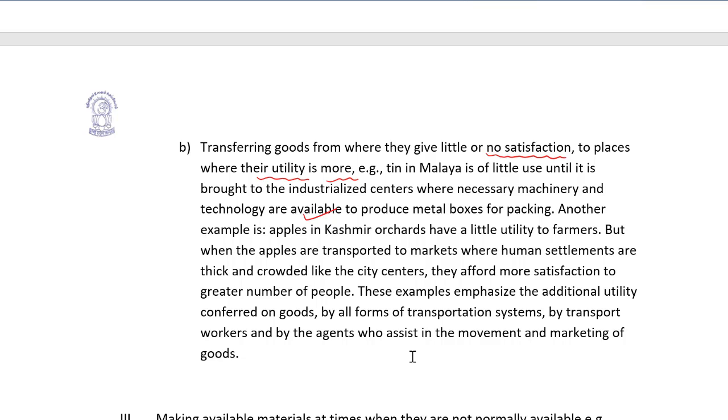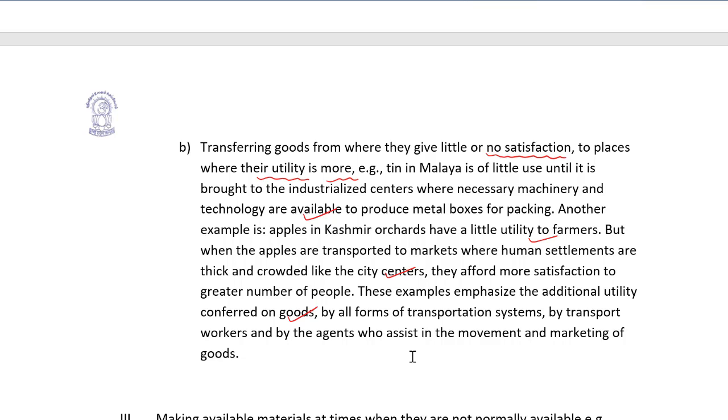Another example is apples in Kashmir orchards, which have little utility for farmers, but when the apples are transported to markets where human settlements are thick and crowded, like city centers, they afford more satisfaction to a greater number of people. These examples emphasize the additional utility conferred on goods by all forms of transportation systems, by transport workers, and by the agents who assist in the movement and marketing of goods. I believe you must have understood the place utility concept.